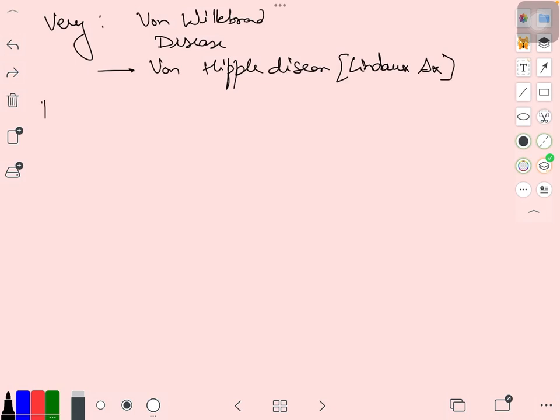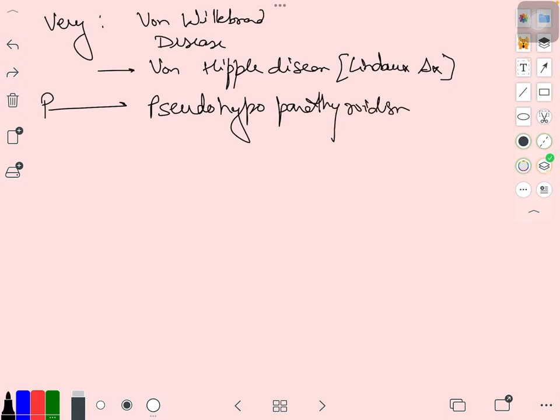Good. He has a very powerful, so all the diseases which comprise the letter P will be in this group. So P for pseudohypoparathyroidism. Done. So this P was for powerful.